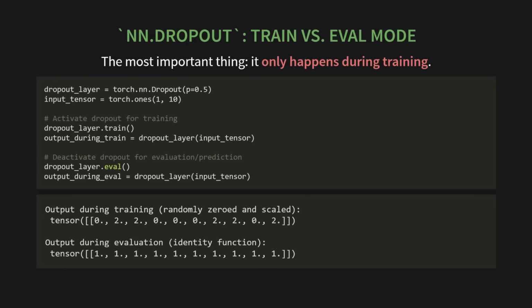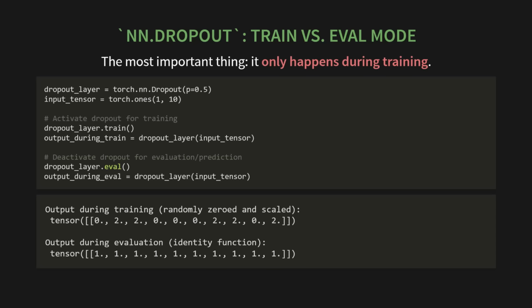Let's look at the code for dropout, comparing train versus eval mode. We create a dropout layer that will zero out 50% of inputs. Then we create an input tensor of all ones. First, we activate dropout for training by calling dropout_layer.train. Look at the output during training.